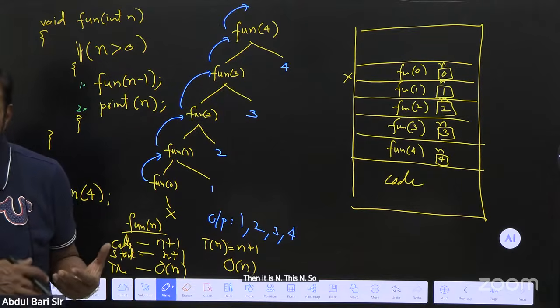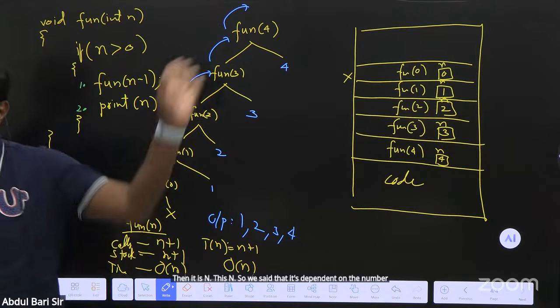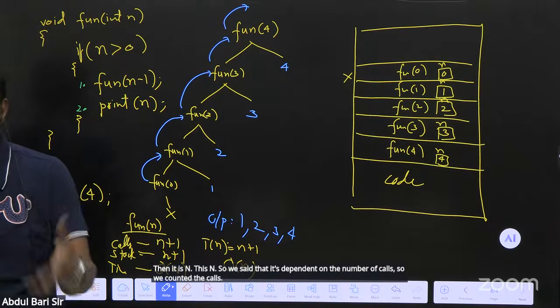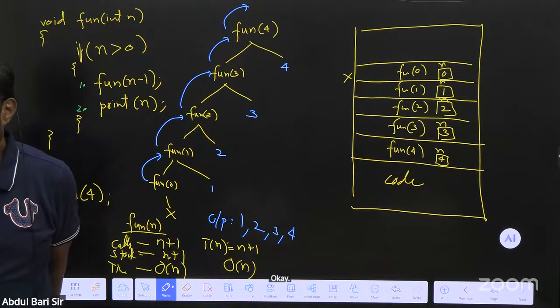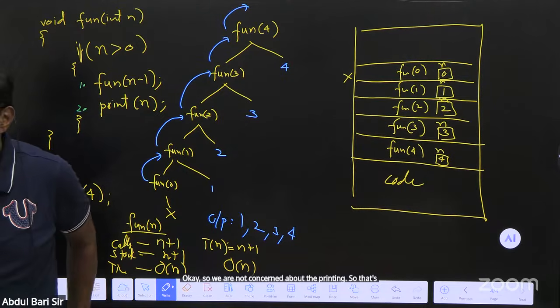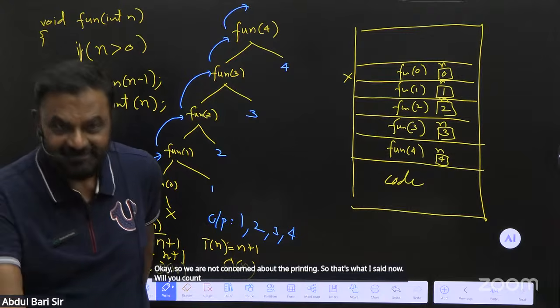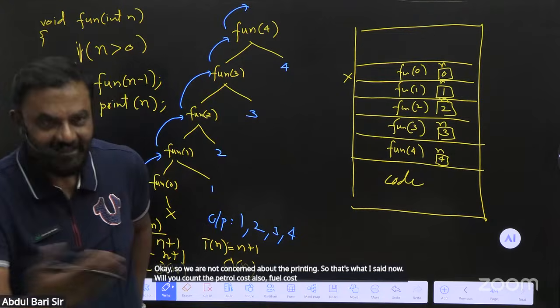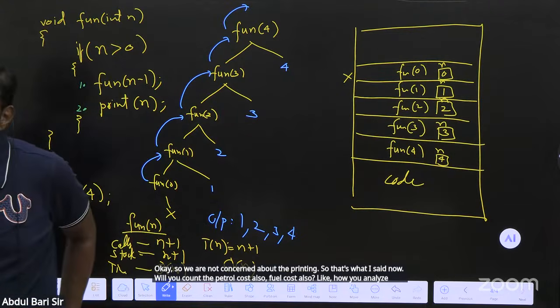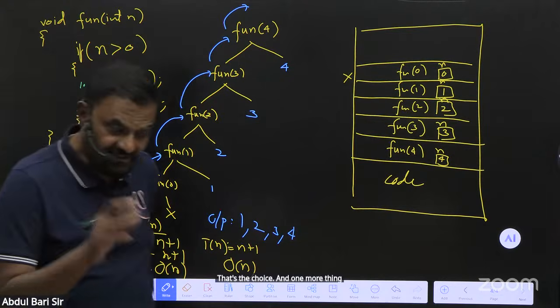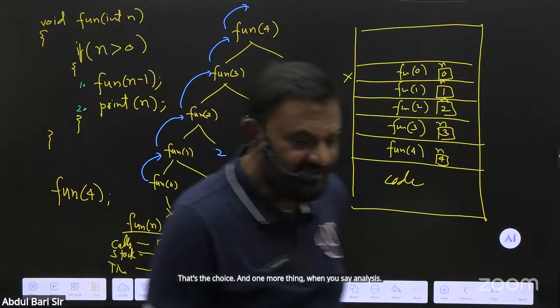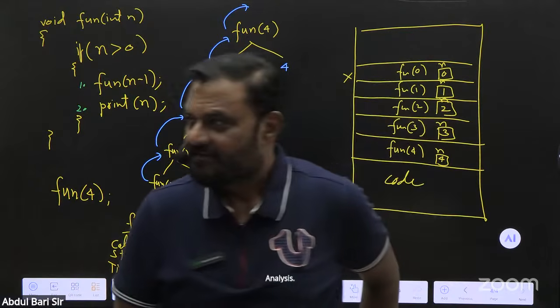We said it's dependent on the number of calls, so we counted the calls, and in one of the calls, printing is not done. We are not concerned about the printing. Will you count the petrol cost, fuel cost also? How you want to analyze is your choice.